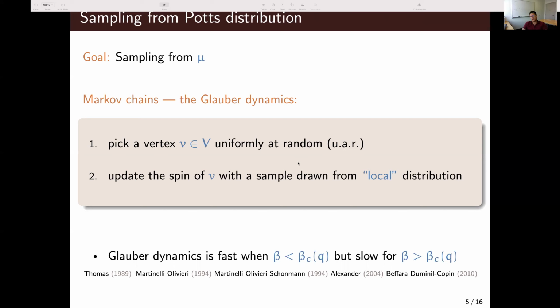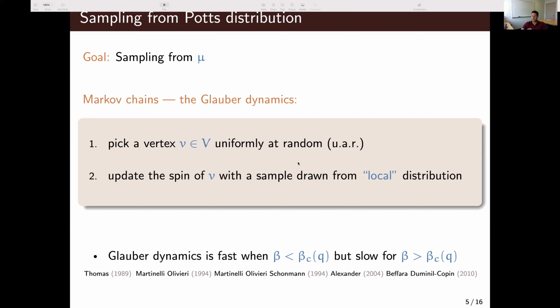Okay? So the Glauber dynamics we actually understand quite well now. There is a long line of work, and essentially we know that when beta is below the critical point, let's say in 2 dimensions, the Glauber dynamics converges to the target distribution quite rapidly.